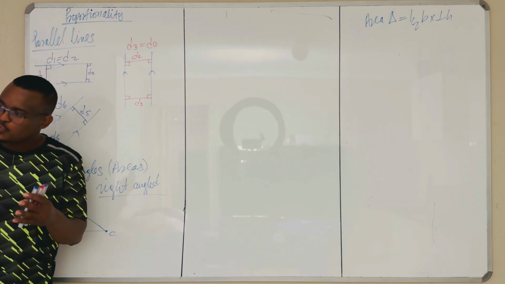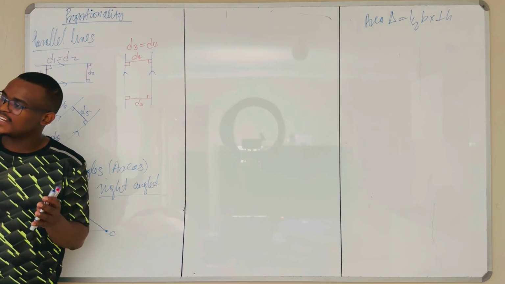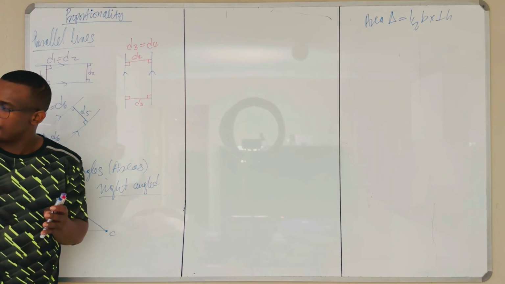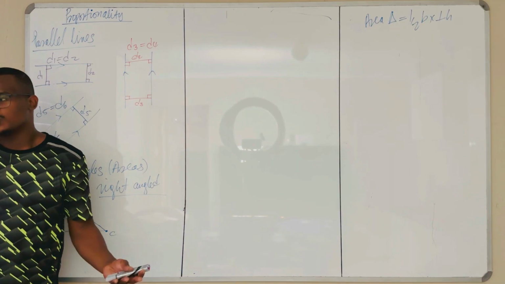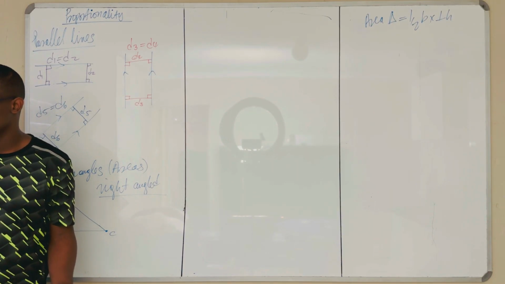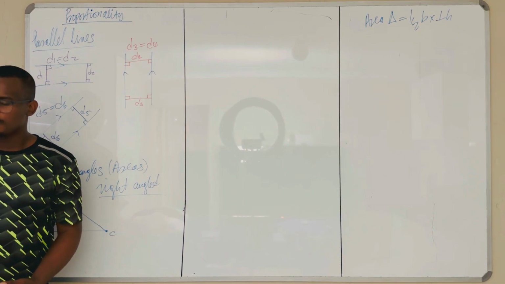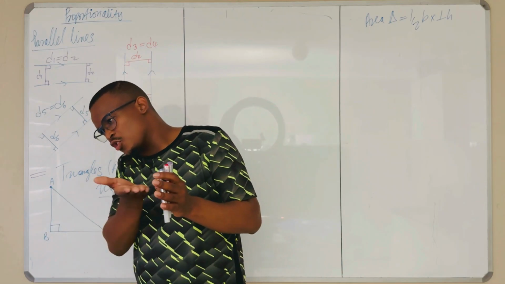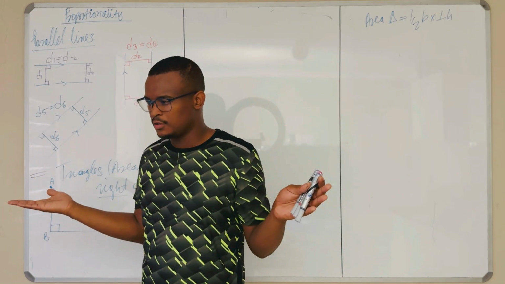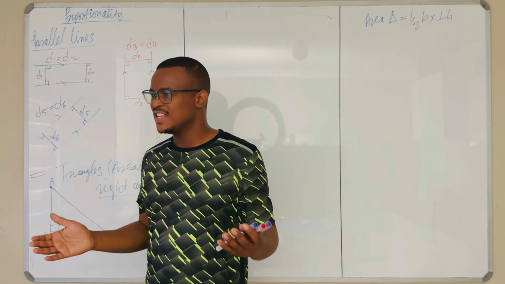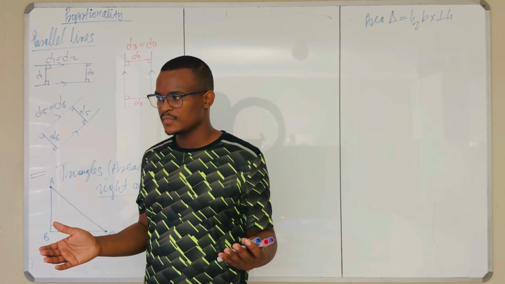Now, the only thing that will matter is the perpendicular height, which is whatever height will be perpendicular to that. Or maybe others will call it an altitude. The perpendicular height is sometimes called an altitude. Because some people get confused when you say perpendicular height, but your height is horizontal. Like, which one is this one now? So the proper word that is neutral is altitude. Are you with me? Yes.